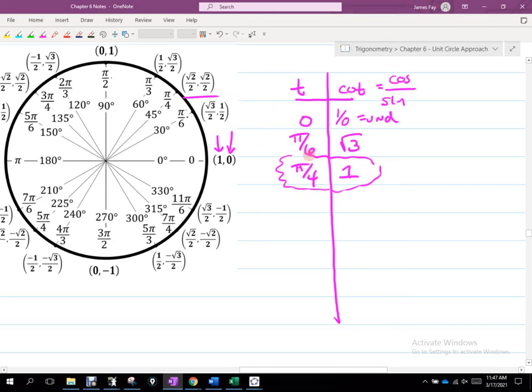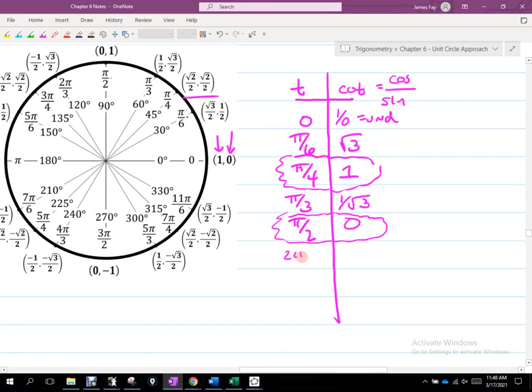That's going to be a really nice point for us. Pi over 3, 1 over radical 3. Pi over 2, 0. That's going to be a really nice point for us, isn't it? Any y value that incorporates a radical is going to stink to graph.